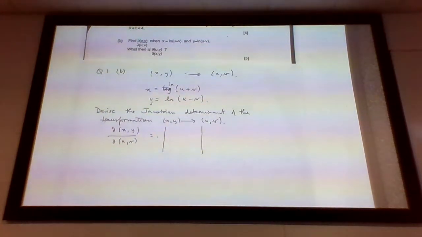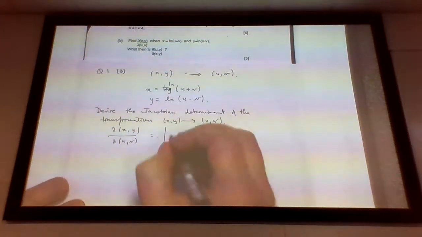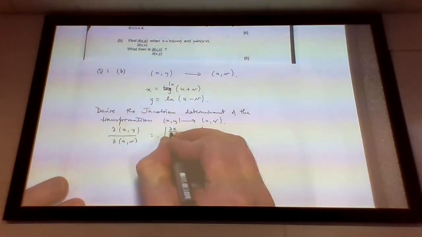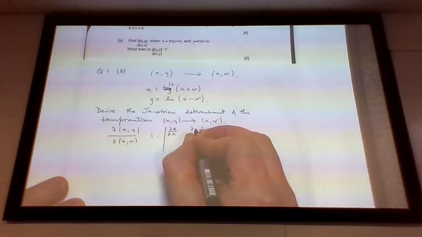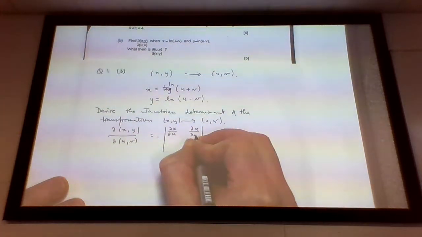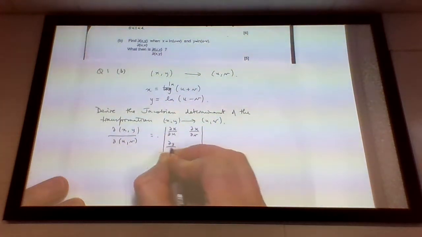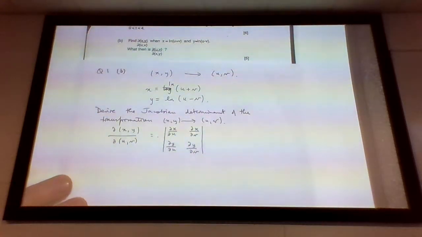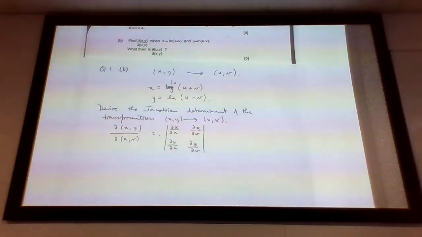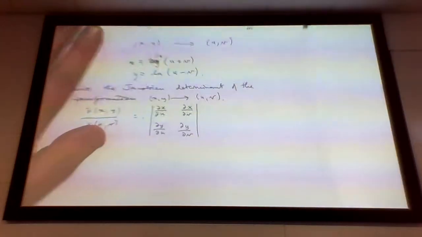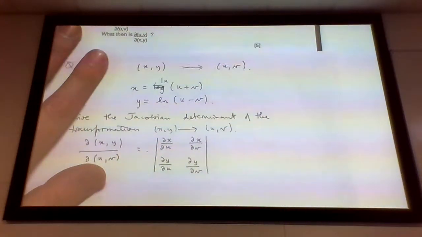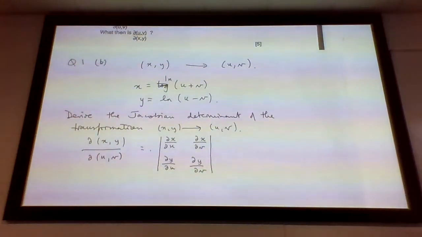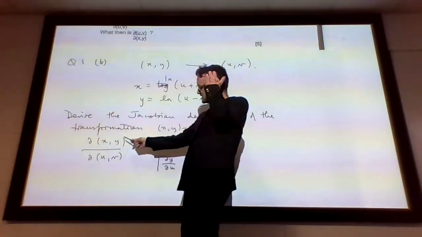The determinant of the 2 by 2 matrix of partial derivatives, where you have a row ∂x/∂u, ∂x/∂v, and then a y row ∂y/∂u and ∂y/∂v. So it is the old, or the starting off coordinates x, y, the ones appearing on the top here, which index the rows.